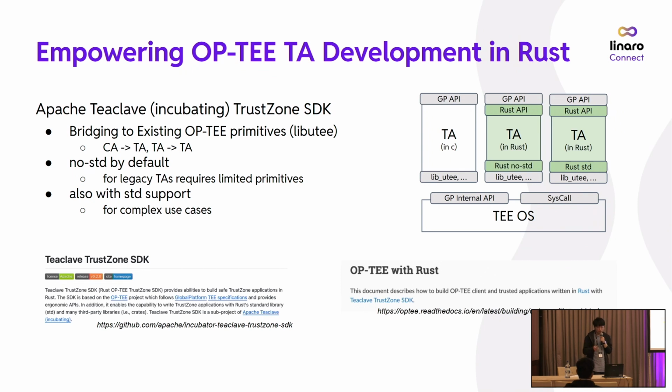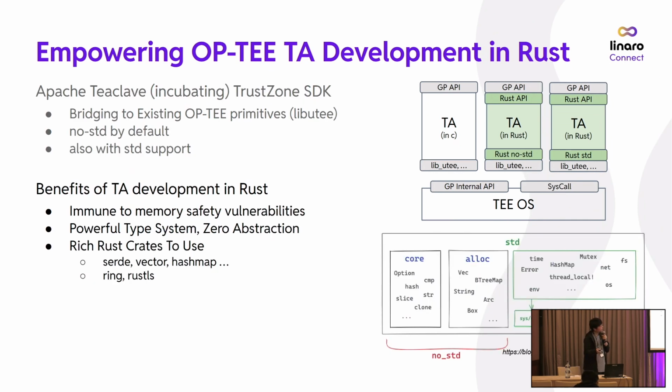Then we have more ability to let TA developers have Rust std support, which can enable much more complex use cases. Over the years, we also collaborated with the OP-TEE community, for example to align the release schedule and that kind of stuff.